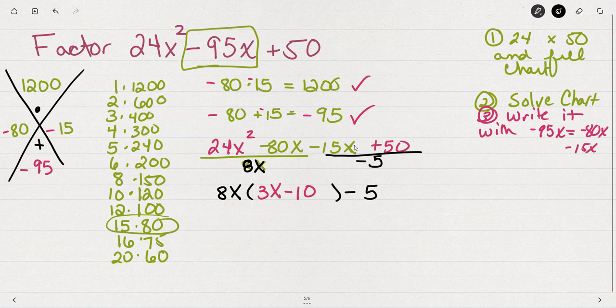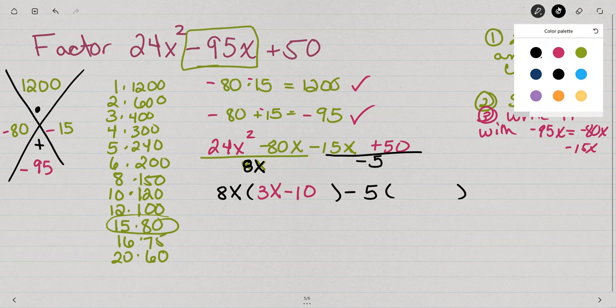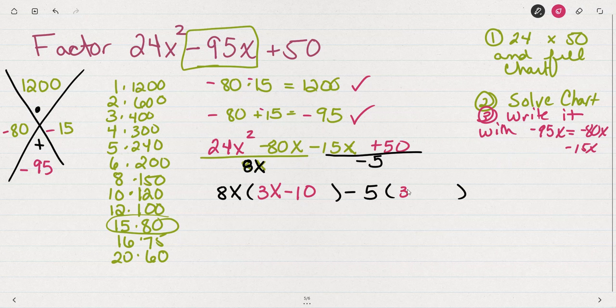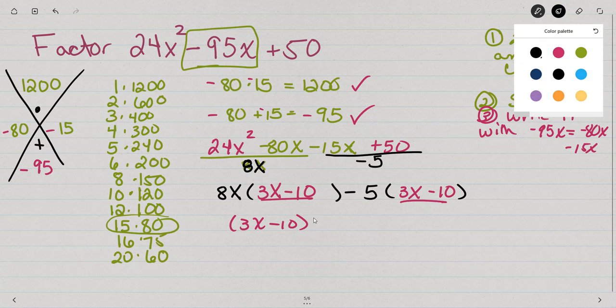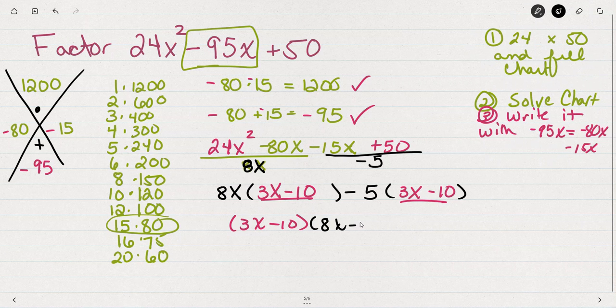Well, I'm stuck with this negative 15x must be negative, so I'm going to try this negative 5. Negative 15x divided by negative 5 is 3x. 50 divided by negative 5 is negative 10. And it looks like we were successful because this 3x minus 10 matched up for both pairs. And then what's left is the 8x minus 5, and that's it.